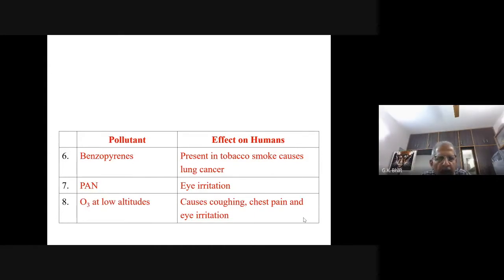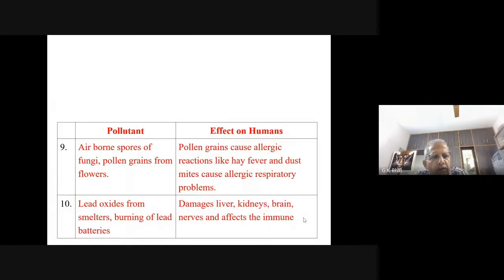So, now let us look into the other air pollutants. Airborne spores of fungi, pollen grains from flowers. These are also dangerous. Pollen grains cause allergic reactions like hay fever, and dust might cause allergic respiratory problems.